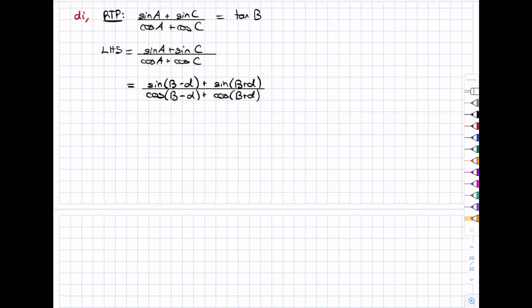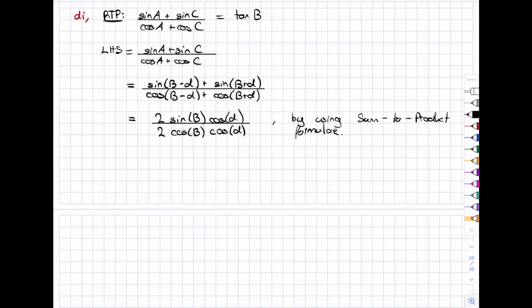Okay, so our numerator is going to become 2 times sine of b times cos of lowercase d, and this is divided by our denominator, which becomes 2 times cos of b cos of d. Okay, and I'm going to indicate that I'm using the sum to product formula by saying using sum to products.